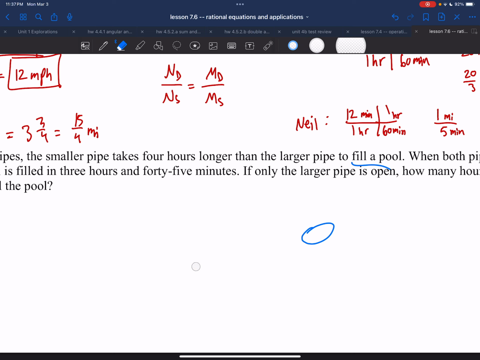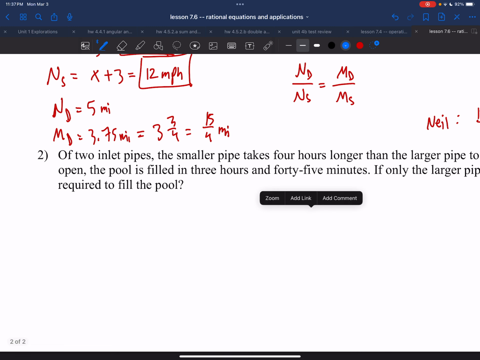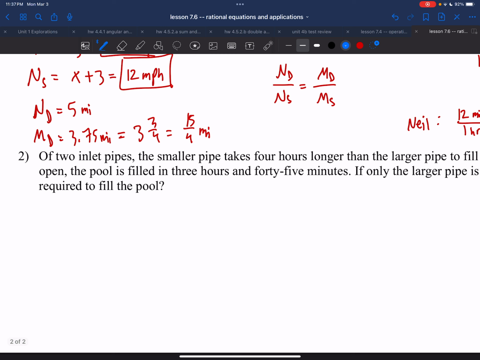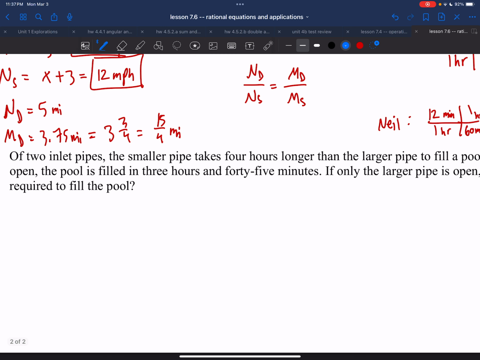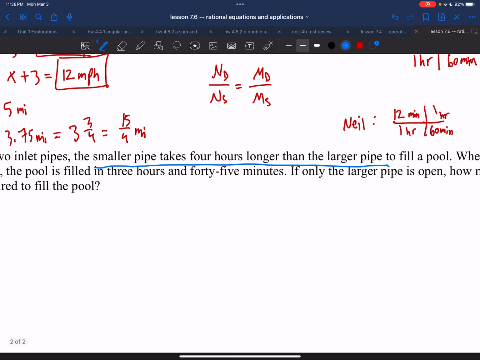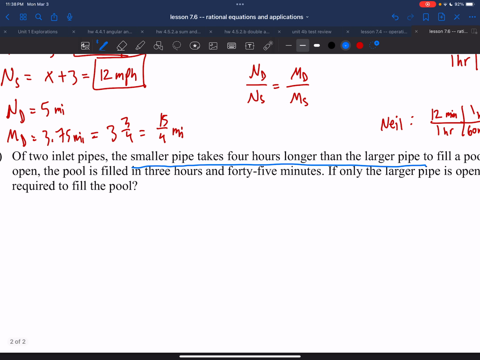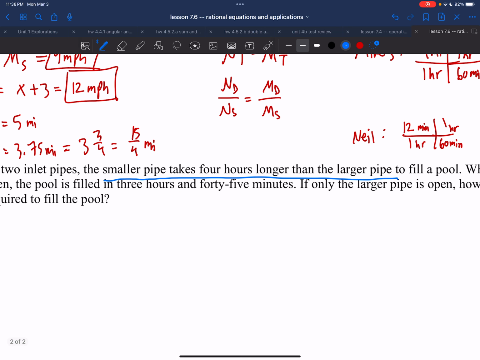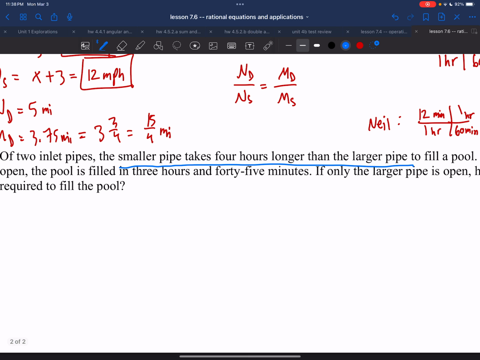So this is a combined rate problem because the task is to fill up a pool. So I've got 2 pipes, small and large. I know that the smaller pipe takes 4 hours longer than the larger pipe to fill one pool. And if I keep reading, both pipes, blah, blah, blah, I don't get any more information on the speed of the larger pipe.